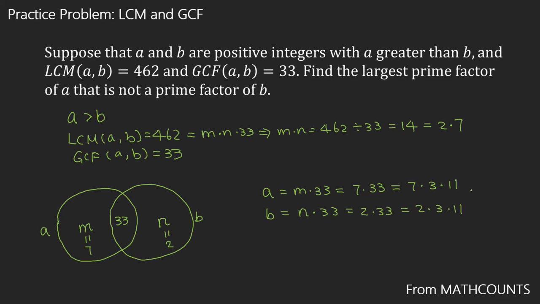So here we found all of the prime factors for a and b. The largest prime factor in a is 11, but that cannot be our answer because 11 also is a prime factor in b. So the largest prime factor in a that is not in b is the number 7, and this is our final answer.